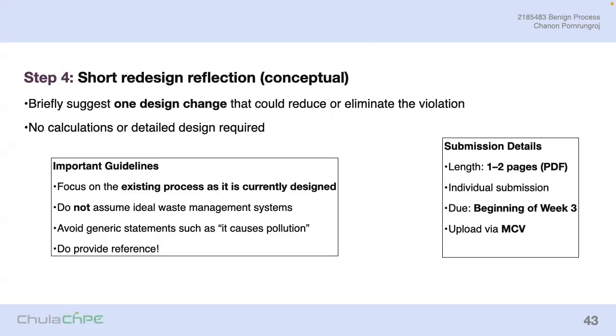And lastly, you will propose a short redesign reflection. It can be a simple thing: you can propose in this report the change that is needed to make the process more sustainable, or even more profitable, for example.